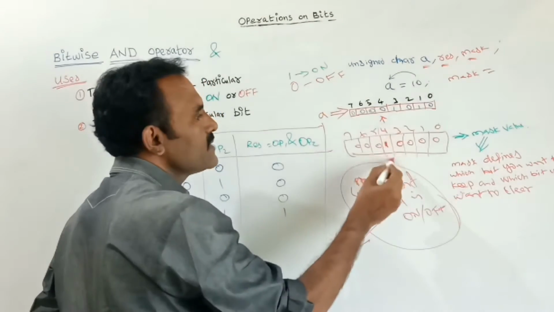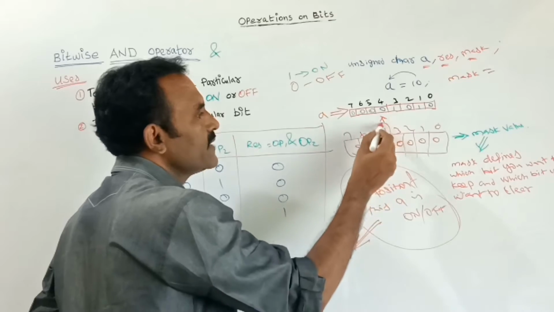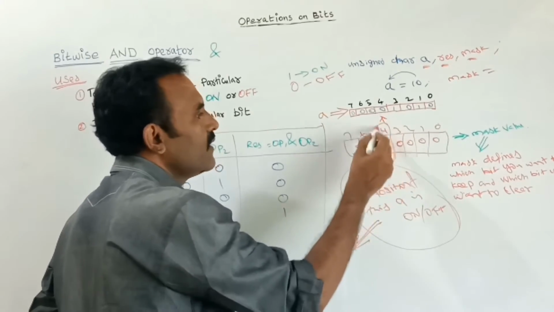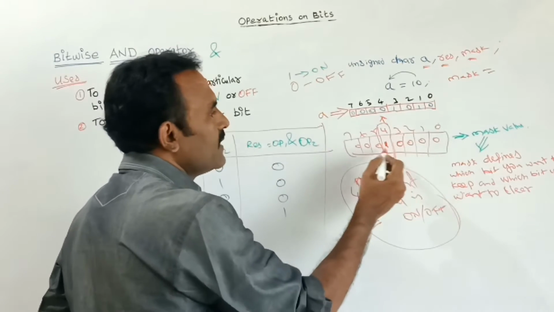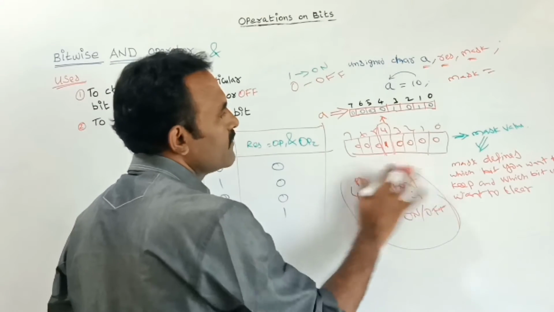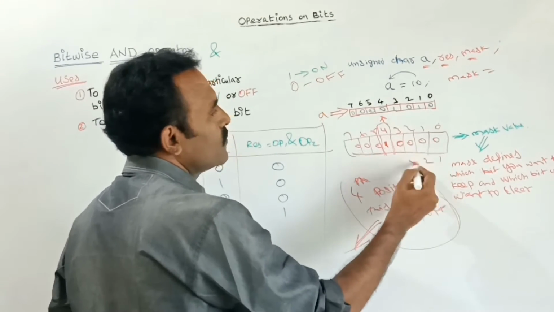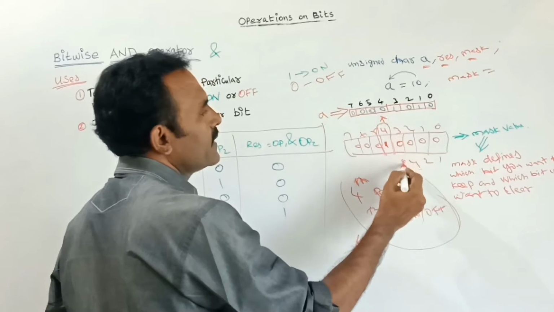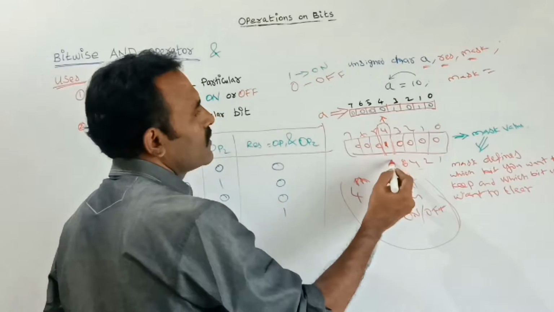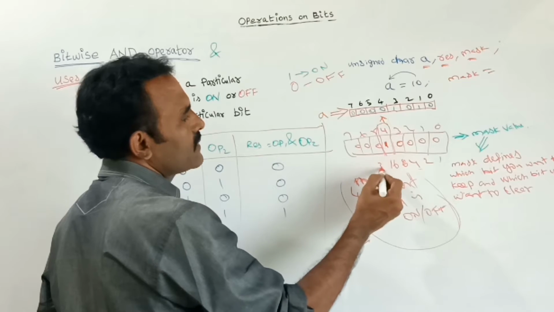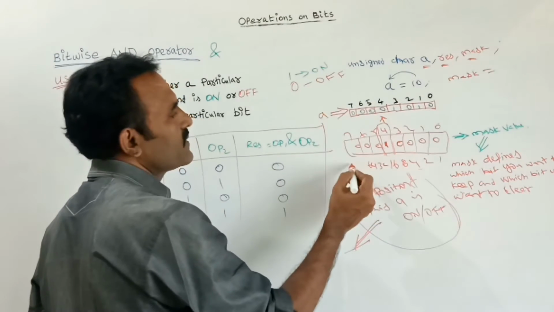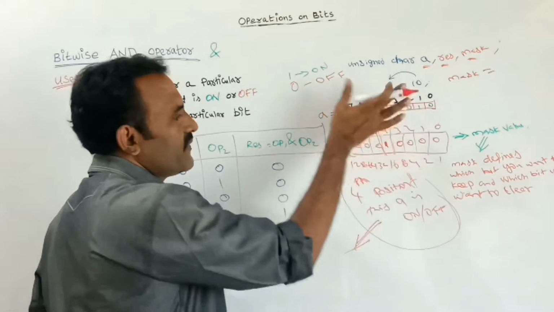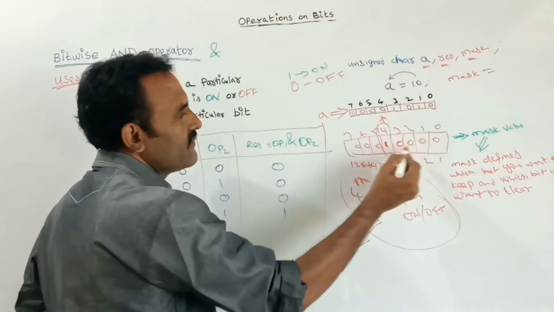I am creating the mask value for finding the fourth bit of the operand. So what is the decimal value? You convert it into decimal: 1, 2, 4, 2 to the power 3 is 8, 2 to the power 4 is 16, 2 to the power 5 is 32, 2 to the power 6 is 64 and 2 to the power 7 is 128.